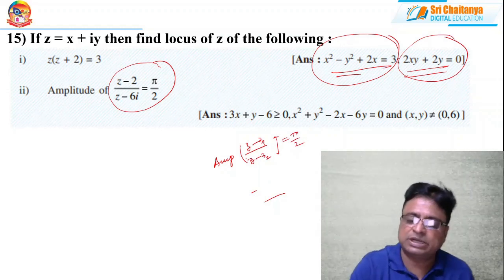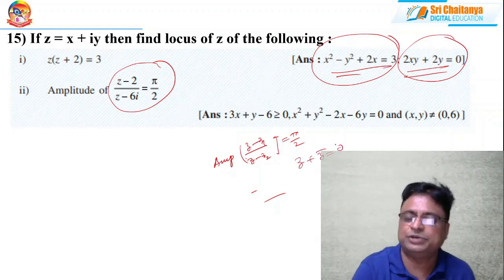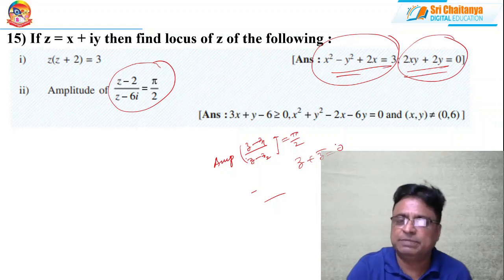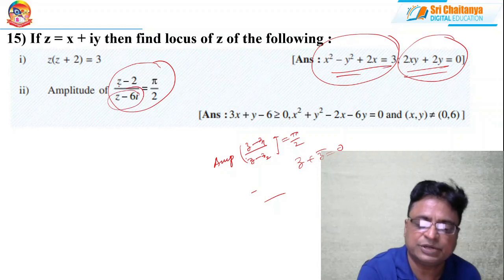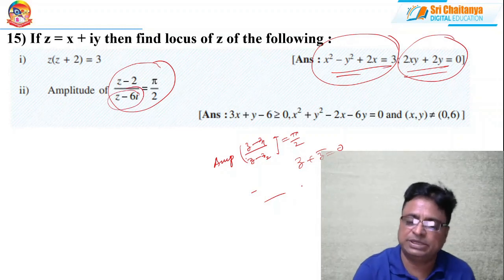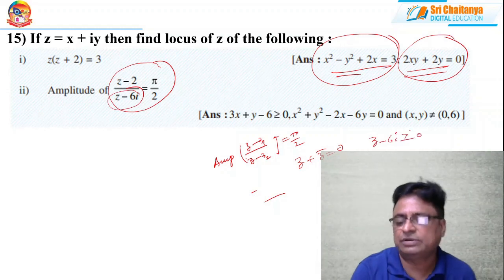If the complex number is purely imaginary, then z plus z bar is equal to 0. Moreover, the denominator is not equal to 0 here. That is an important point.